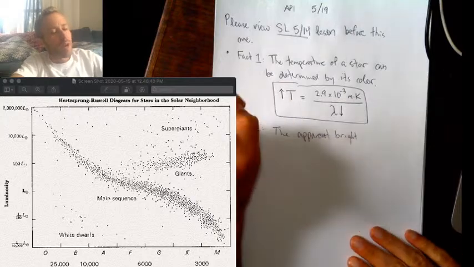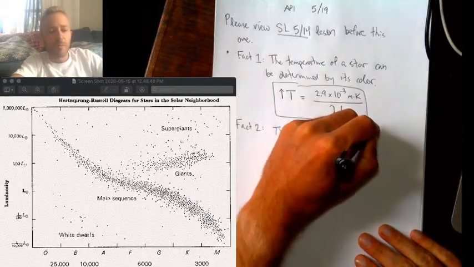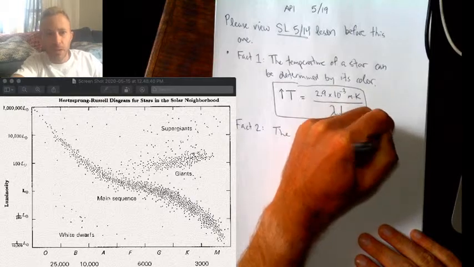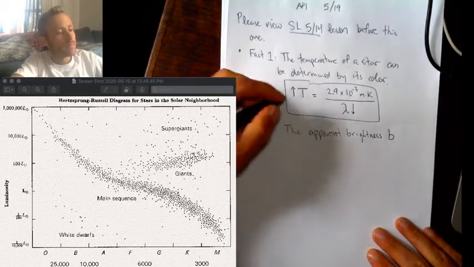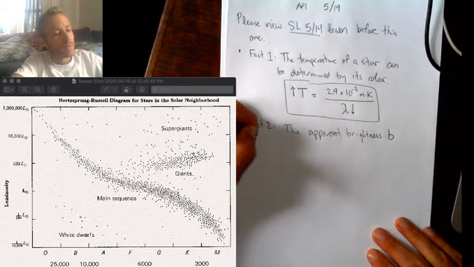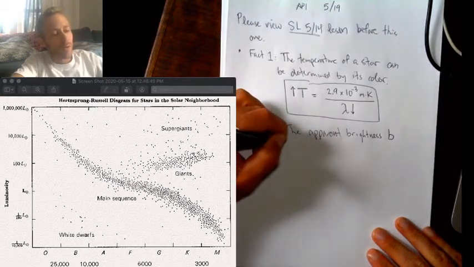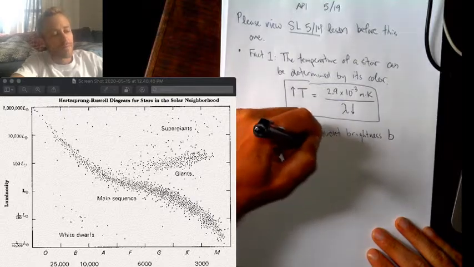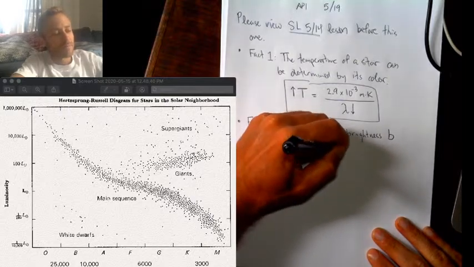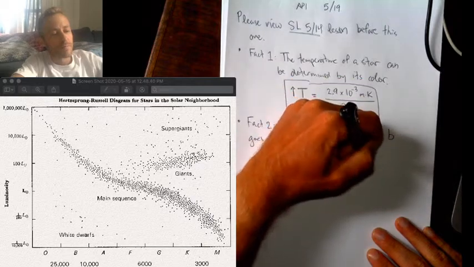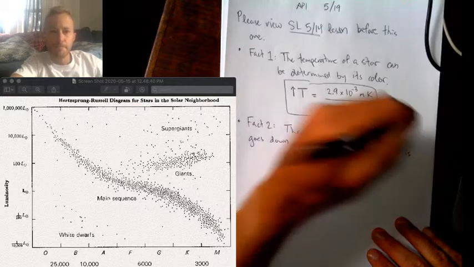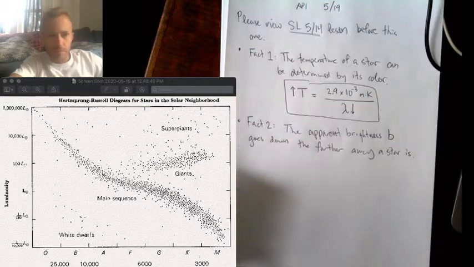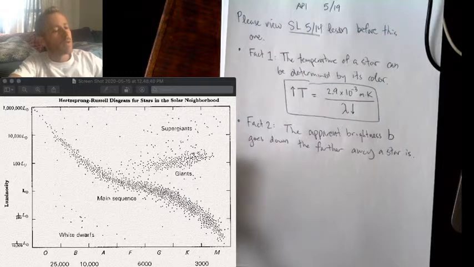The apparent brightness, which is denoted by B for brightness, goes down the farther away a star is. And there's a nice equation for this.